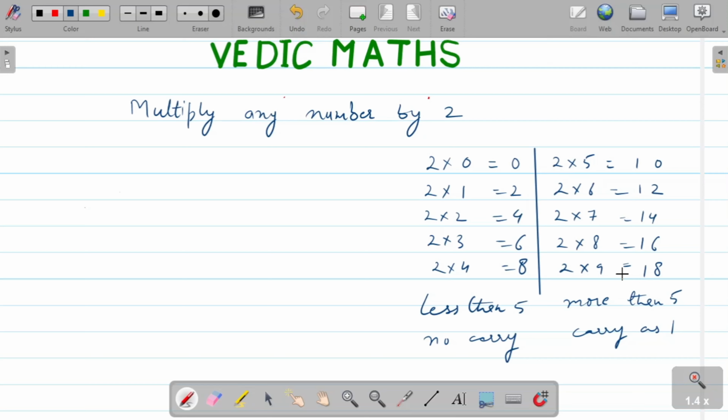So let us see how we are using this concept in multiplication. For example, 1 digit की तो ज़रूरत नहीं है, वो तो 2 का टेबल ही आ गया. Suppose I am multiplying 14 with 2. So what I need to do is I'll start from my left side.